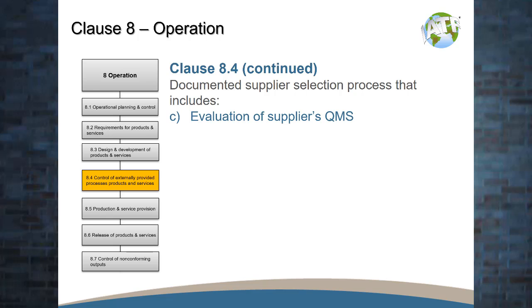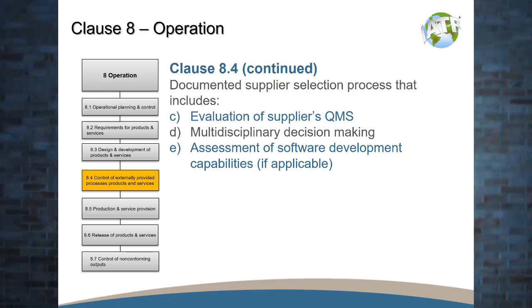8.4.2.2, so evaluation of the supplier's quality management system, a multidisciplinary decision making. Do decisions get made using a cross-functional team with your supplier, and that is to be a part of that selection process. Assessment of software development capabilities if applicable.